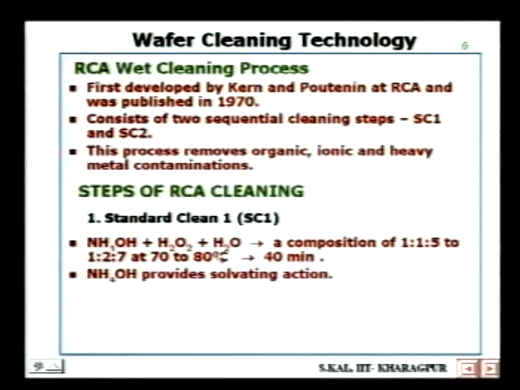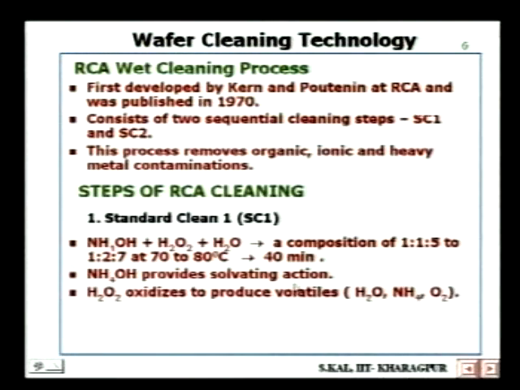Ammonium hydroxide in this particular composition provides solvating action. Hydrogen peroxide oxidizes to produce volatiles, and those volatiles are H2O, ammonia and oxygen. The contaminations mean the heavy metals or ions or even organics.